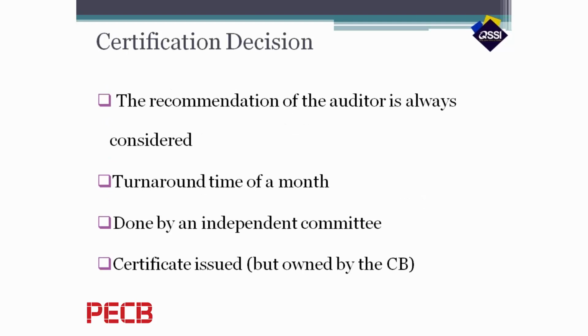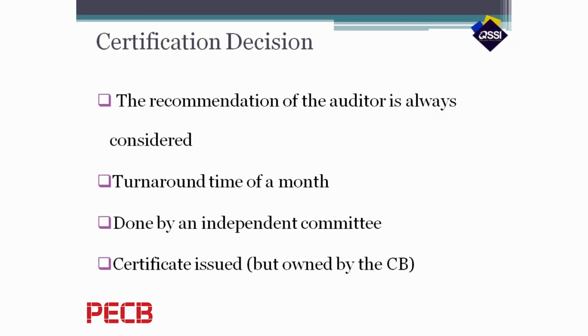Now, the recommendation of the auditor is always considered, because after the audit, they would have submitted their report and their non-conformities, or whatever corrective actions you would have submitted, to a separate committee. So the recommendation is still considered by that committee.